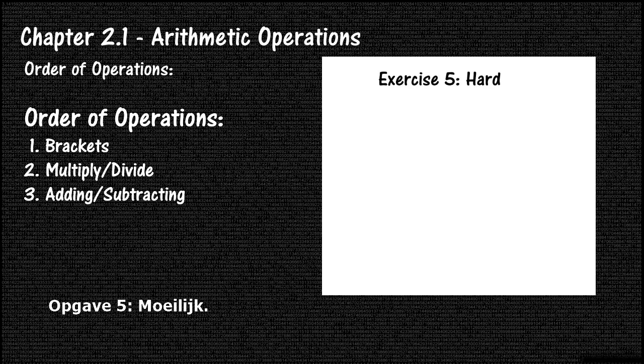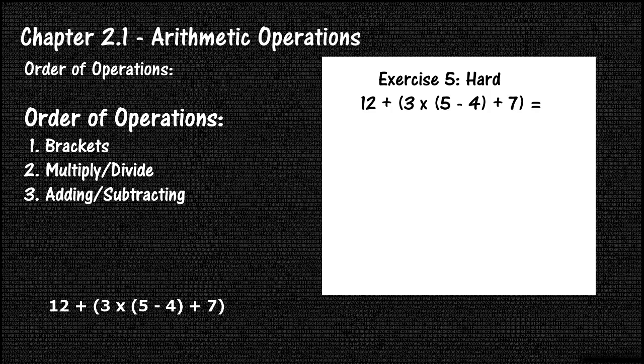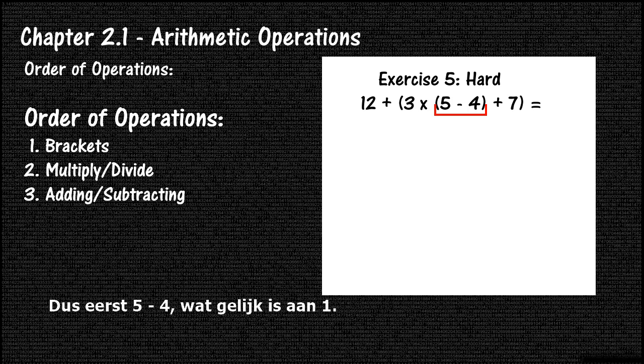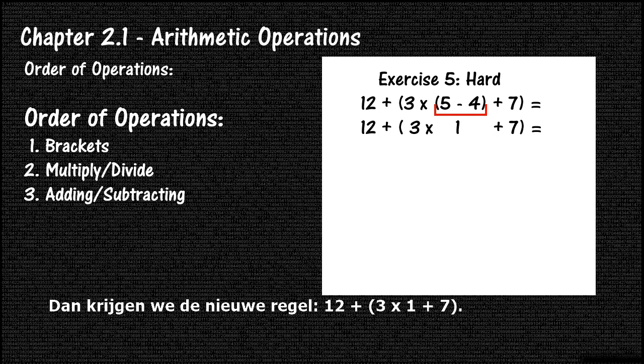Exercise 5, skill level hard. 12 plus 3 times 5 minus 4 plus 7. Whoa! Brackets inside brackets. That means we first do the smaller brackets. So first 5 minus 4, which is 1. We get the following line. 12 plus 3 times 1 plus 7.